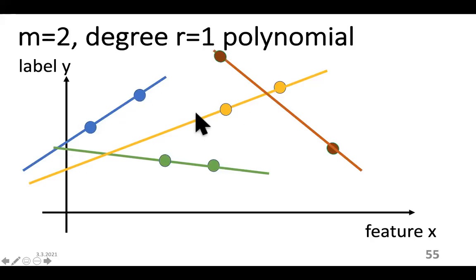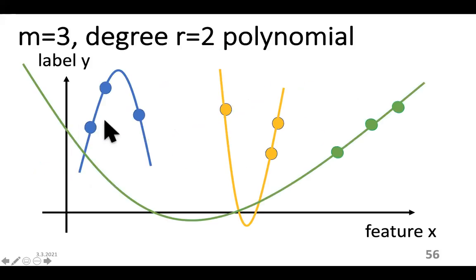I give you these yellow 2 points, you find another curve perfectly going through these 2 points. Now I give you 3 data points. You will find a degree 2 polynomial, which is a quadratic function, that perfectly goes through 3 data points. So the effective dimension of this space is 3, because you can perfectly fit any data set up to 3 data points.